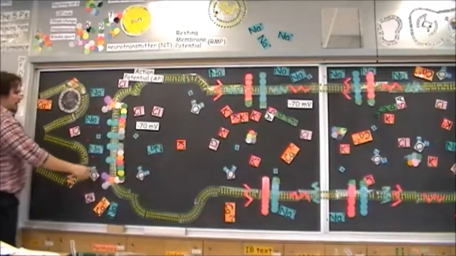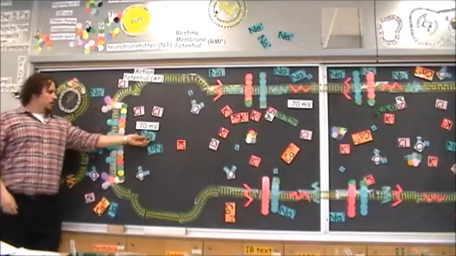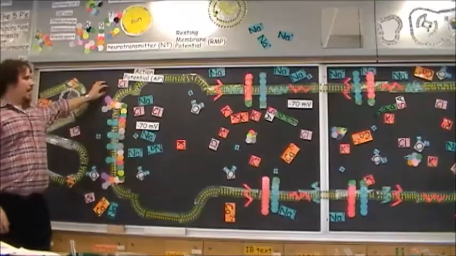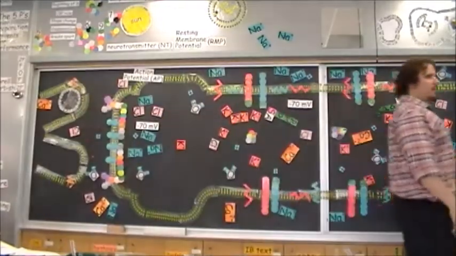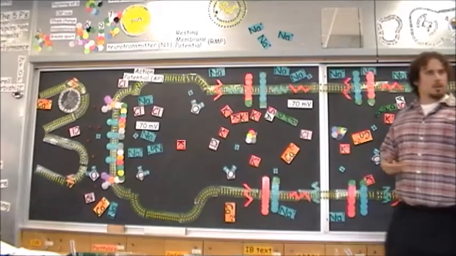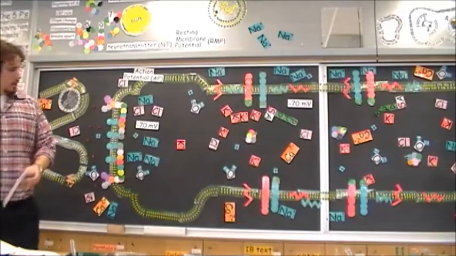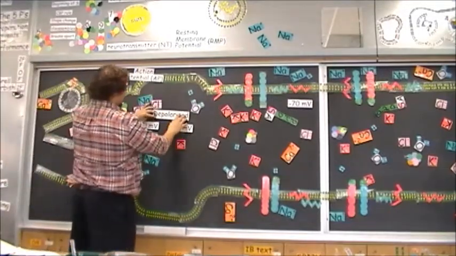So the neurotransmitters bind, open up the pores, and sodium ions can now move into the cell. We have a high concentration of sodium outside of the cell, and a lower concentration of sodium inside the cell. So when you open up those channels, that sodium is going to rush into the cell. Yes, exactly. This is called becoming depolarized.